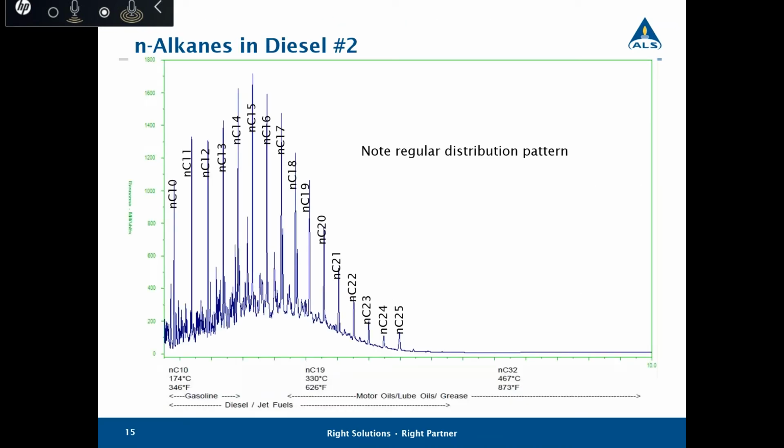Looking at this chromatogram, that's a typical diesel standard chromatogram. We can see the straight alkanes are displayed, very nice sharp peaks in a series which are evenly spaced.